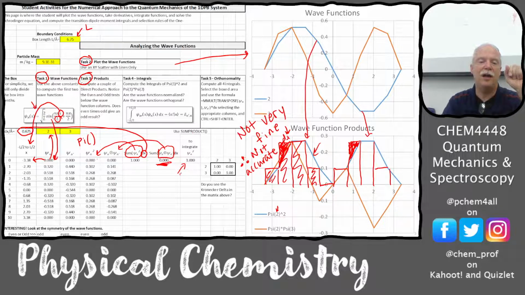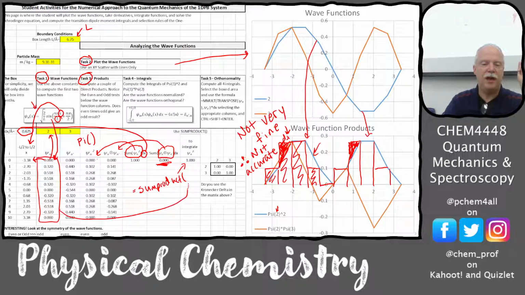This sum product right here can just be equals sum product, open parenthesis, and then you just select this column here. Okay, that goes there in a selection, and it'll put the little references for that column, comma, and then you select that column again.